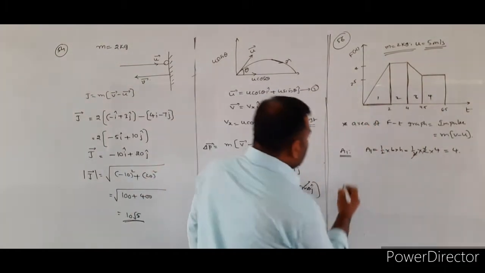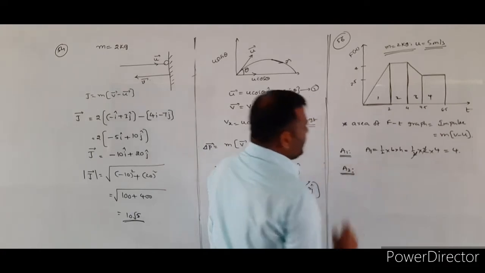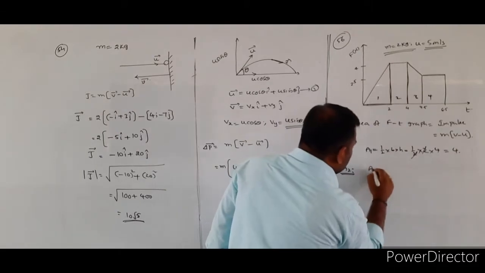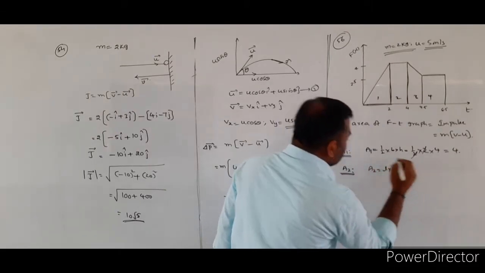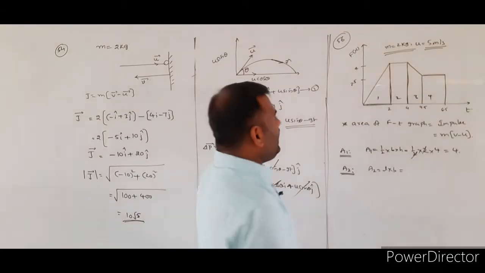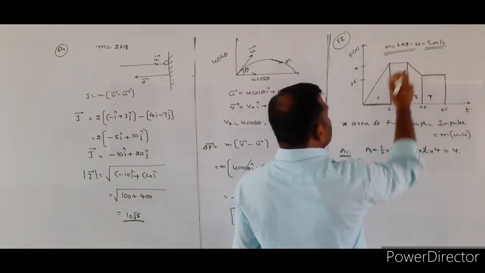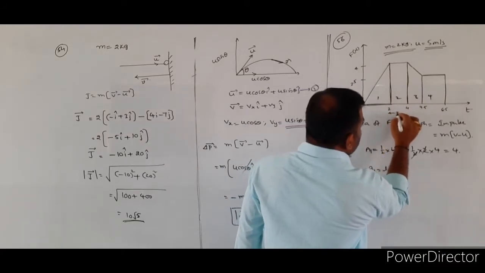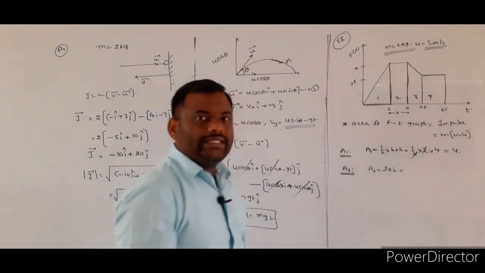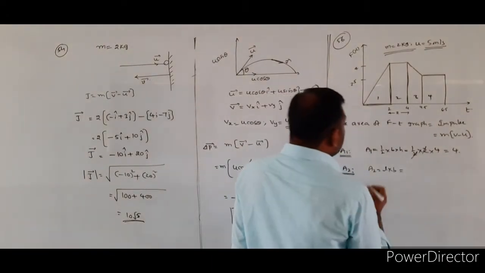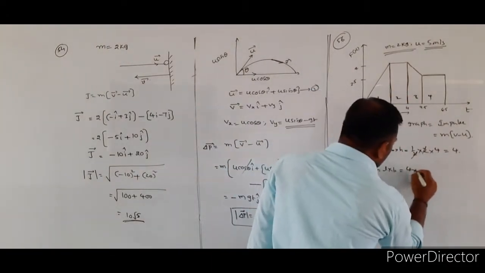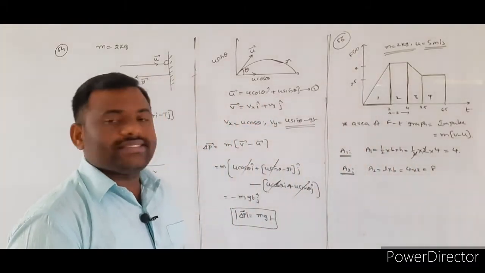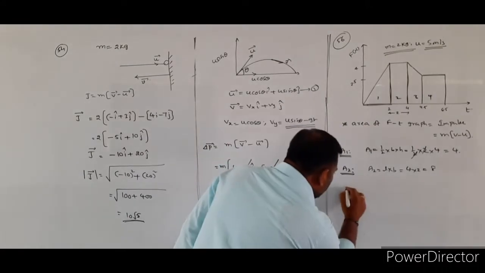Next, the second portion is a rectangle. The area is length into breadth. Here the length is 4 and the breadth is 2. So the area of the second part is 4 into 2, which is 8.